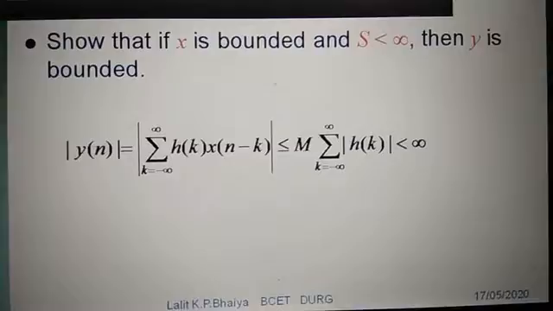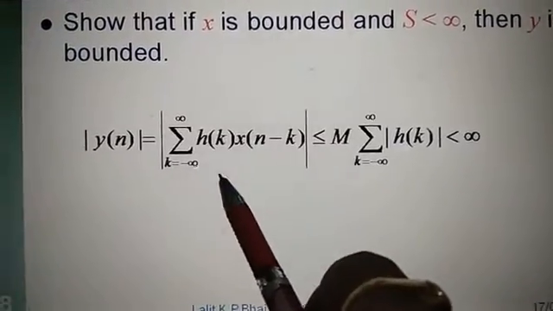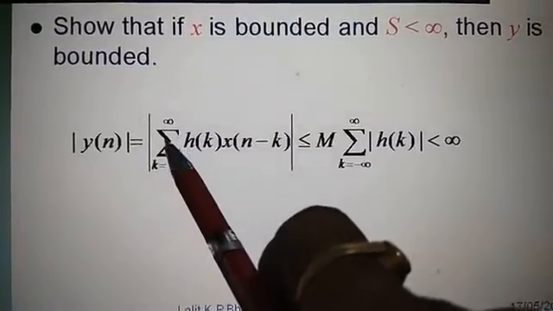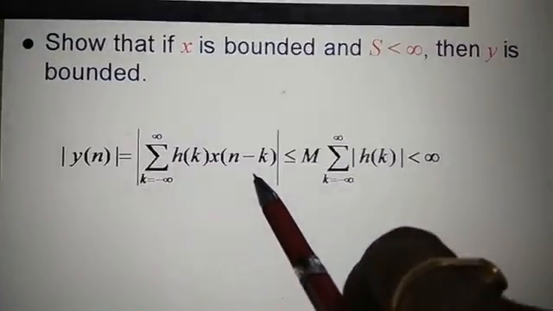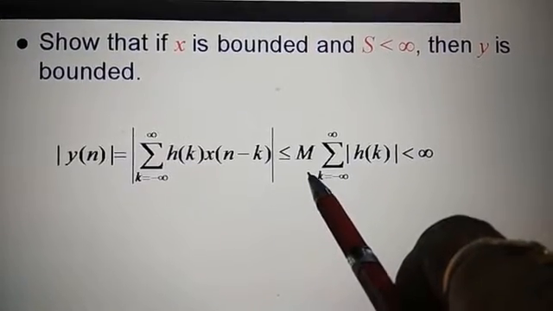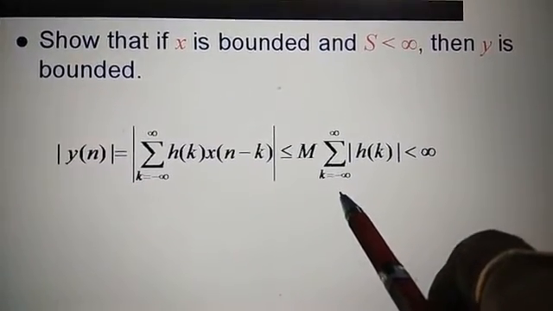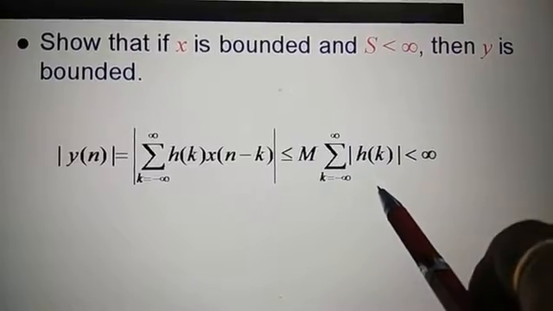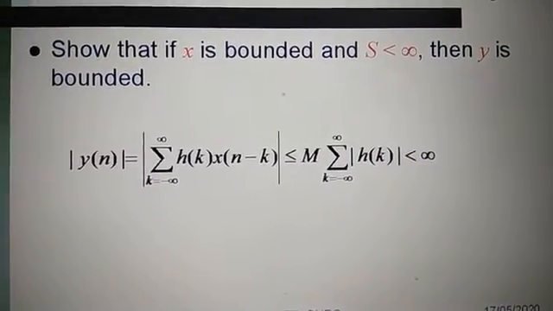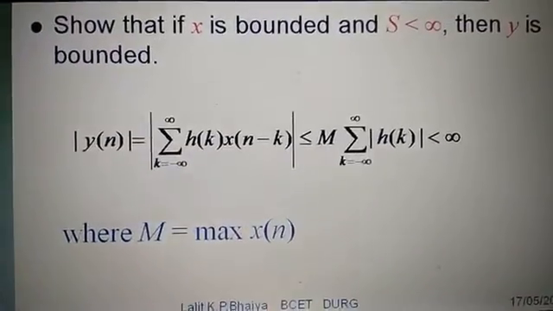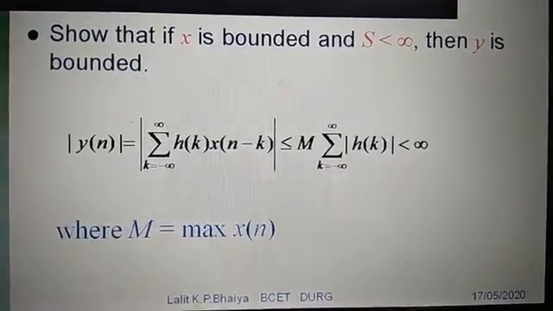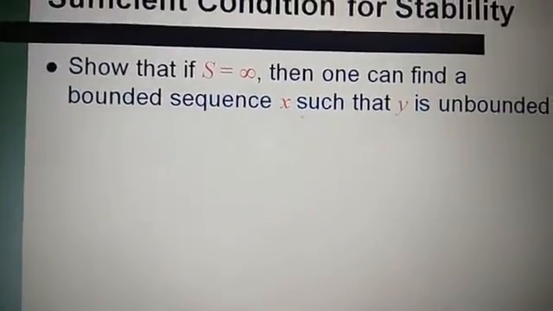Magnitude of y of n is equal to magnitude of summation k is equal to minus infinity to infinity, h of k x of n minus k, which should be less than or equal to M, which is a finite value, times summation k is equal to minus infinity to infinity, magnitude of h of k, less than infinite, where M is the maximum of magnitude of x of n.